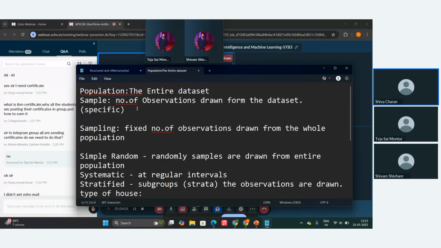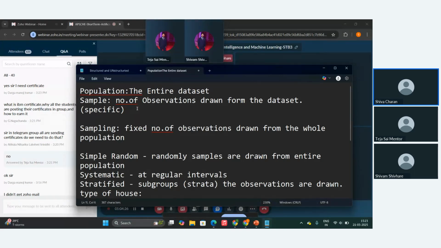Hopefully everyone got this, but I'll repeat it once again. Let's say I have a data set with around 1,000 rows. Instead of building my model on 1,000 rows, I'll consider only 100 to 200 rows, build a model and test that.